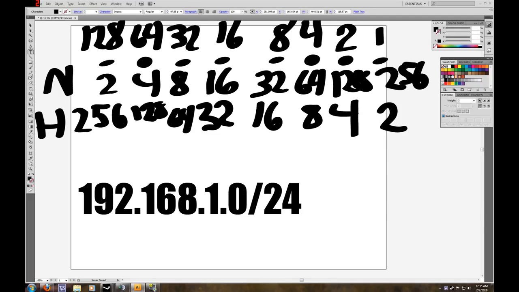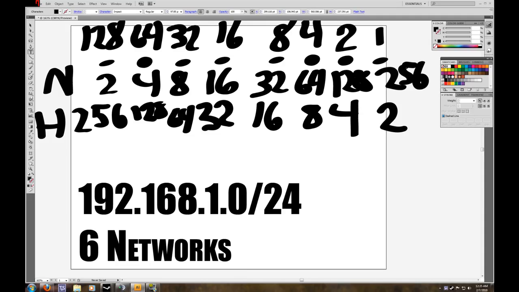Now we need to subnet this IP address so we can have, let's see, we'll need 6 networks and 25 hosts.